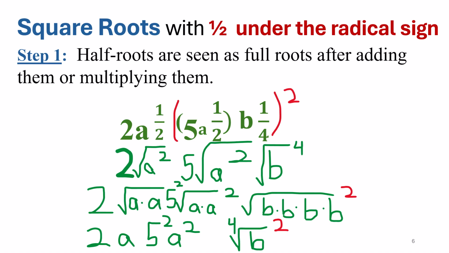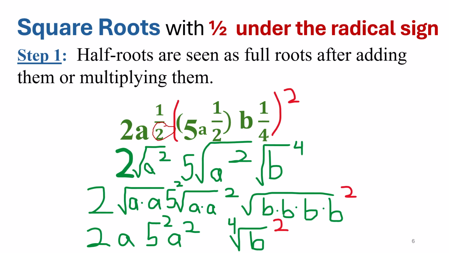2a to the half power times 5a to the half power times b to the half power, times all of this, 5a to the half power b to the 4th power, squared. This is a mess. Let's look at how we do it. This 2 over here that's over the half goes over to this side.